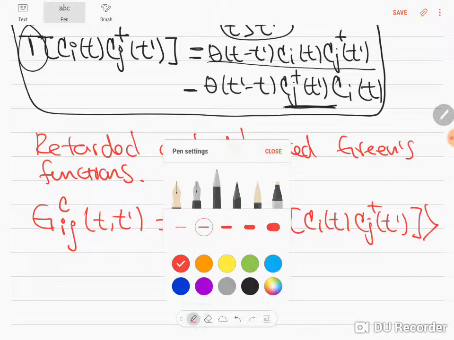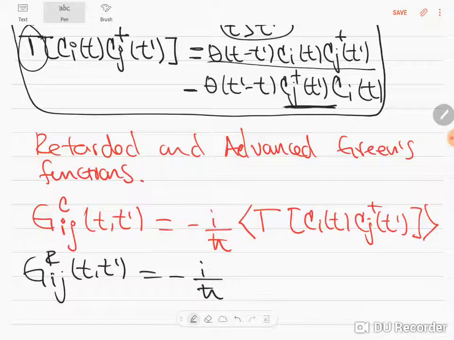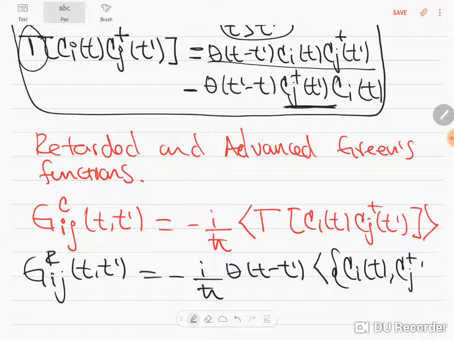And now we will take care of the advanced and the retarded Green's functions, which are defined as follows. C_ij retarded of t, t prime is nothing but minus I over h bar theta of t minus t prime, expectation value of the anti-commutator between ci of t and cj dagger of t prime.